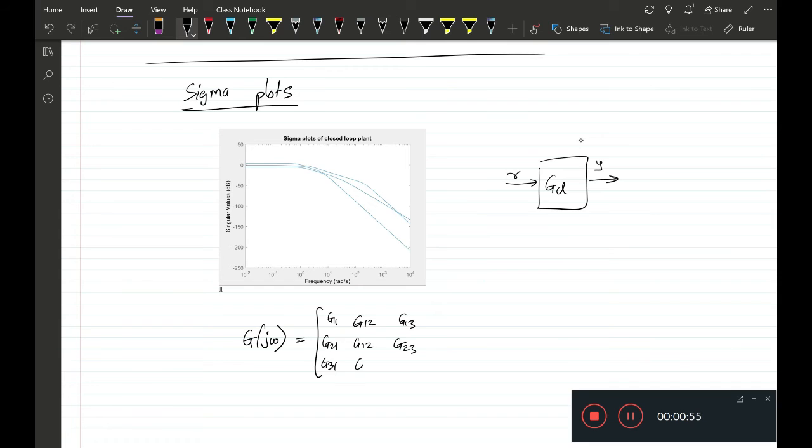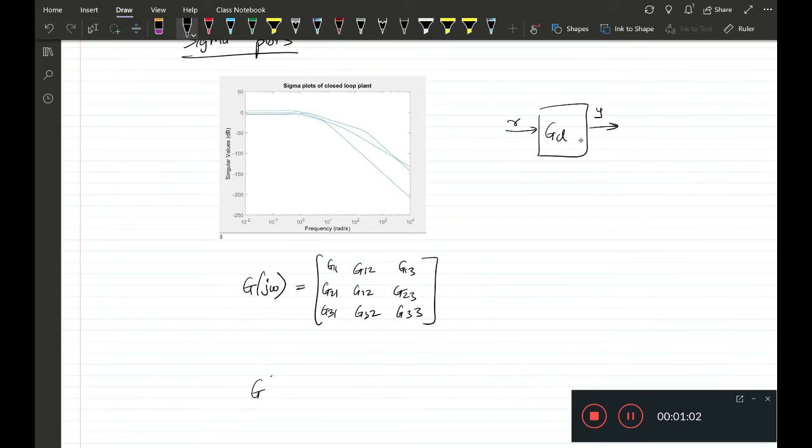Now in order to have these sigma plots, what we do is we fix a frequency, G of j omega. That gives us a complex matrix.